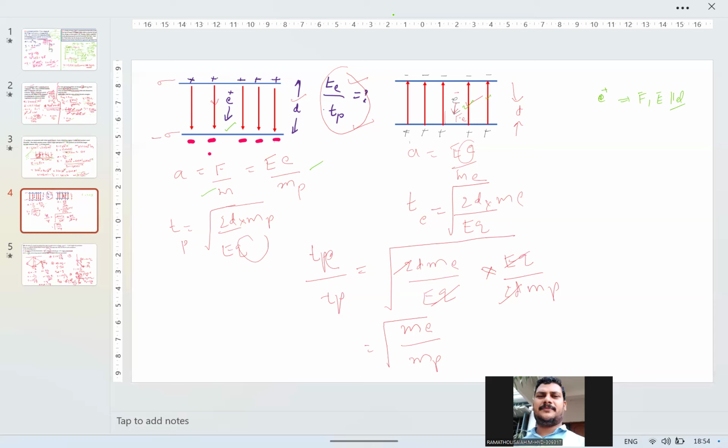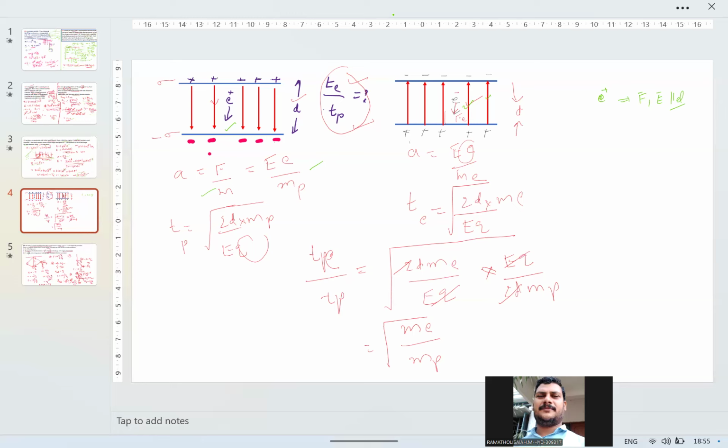If the electric force is more, it can't come down. So it depends on how much electric field you are applying whether the electron will come down or not. Otherwise, it will go in the opposite direction. That depends on where to where you project, and on the field direction given.